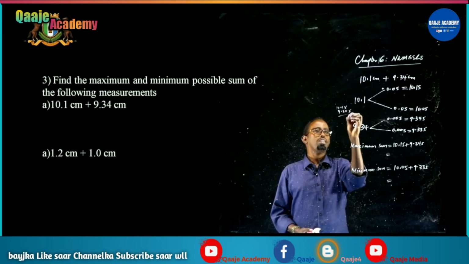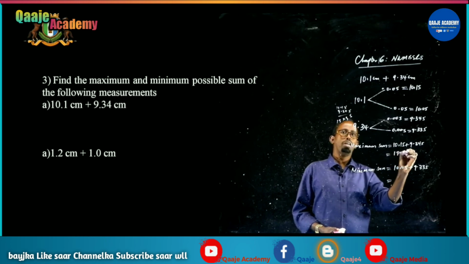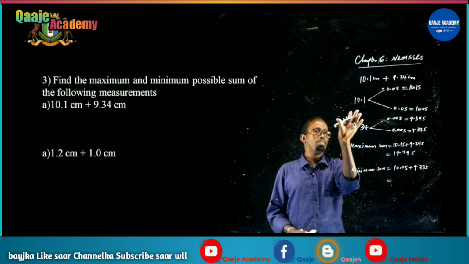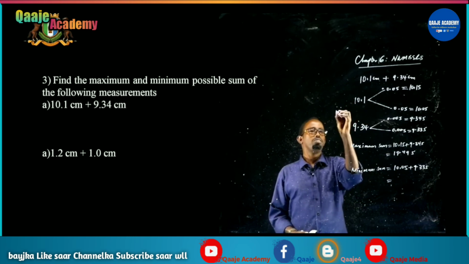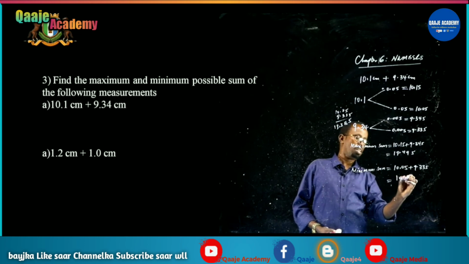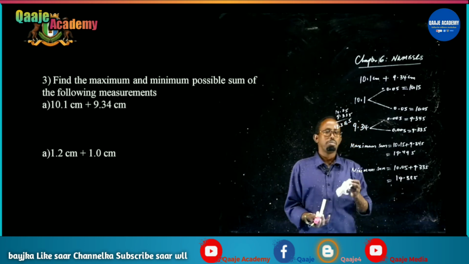And the next one, 10.05 plus 9.335, you get 19.385. So that is the maximum sum and the minimum sum for that example.